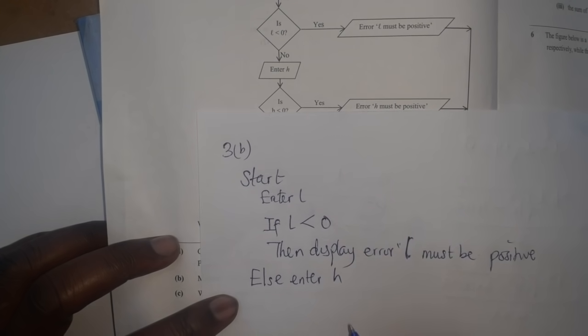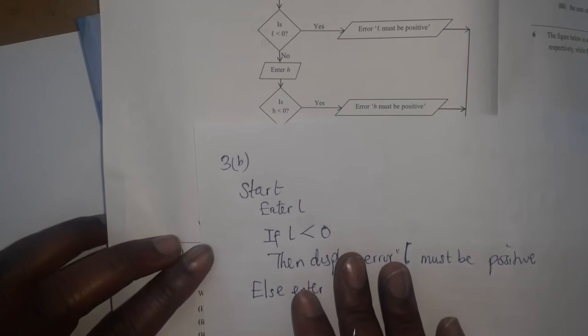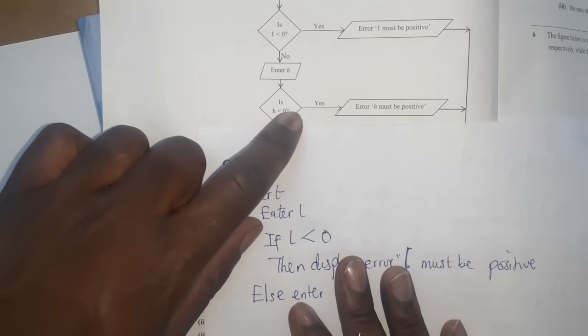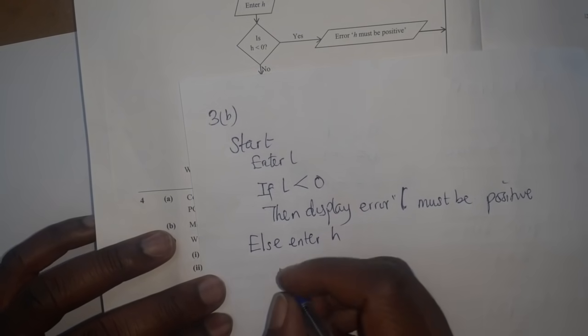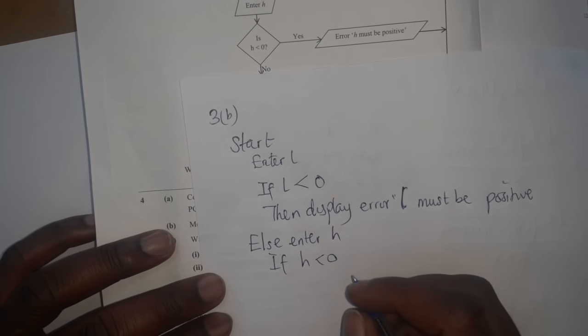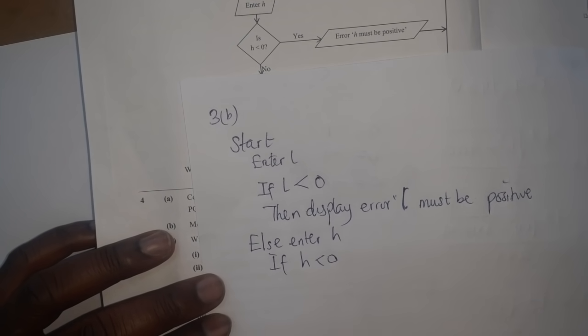So then from this point, again we can say, if, because we are looking at this, is height less than 0? So we need to proceed. So we are saying, if height is less than 0, are we together?